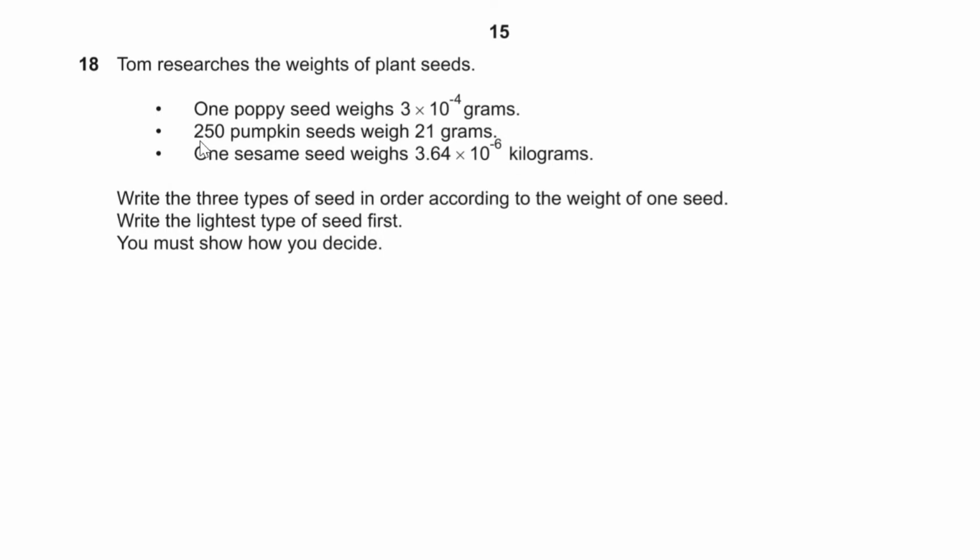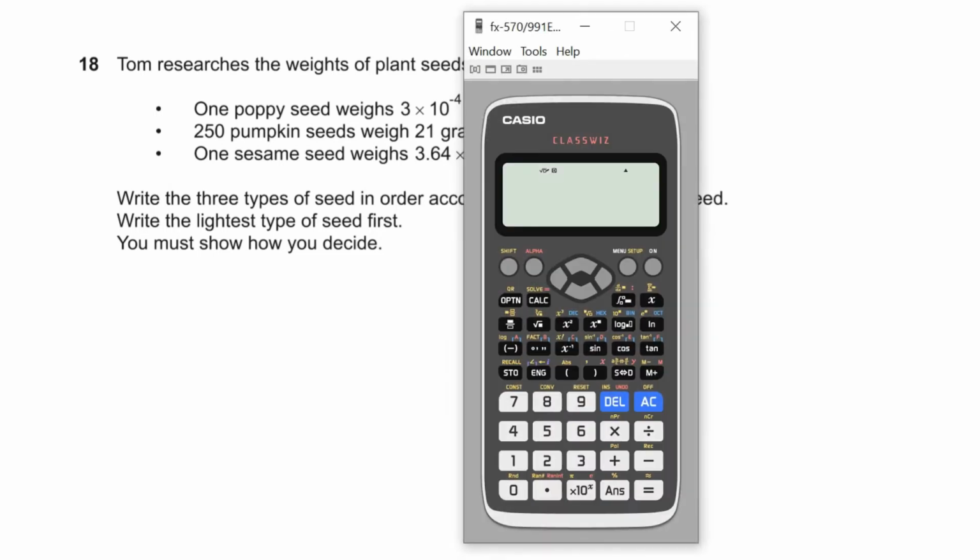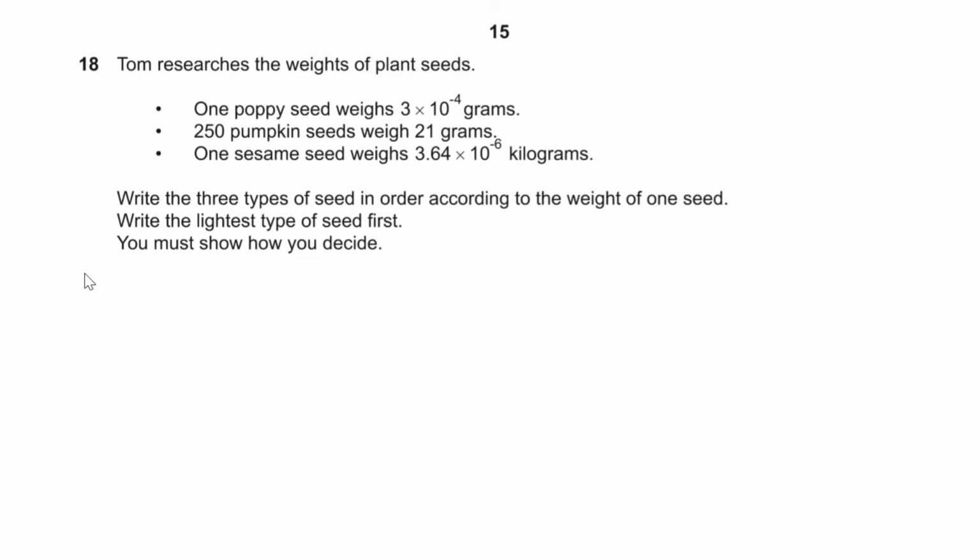Well, here, first of all, we've got 250 pumpkin seeds weighing 21 grams. So we can find out the weight of one. Well, let's just do each of these separately, actually. We've got a poppy seed. That would have weight 3 times by 10 to the minus 4 grams.